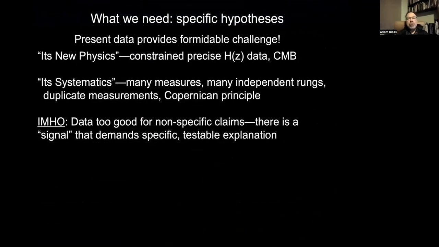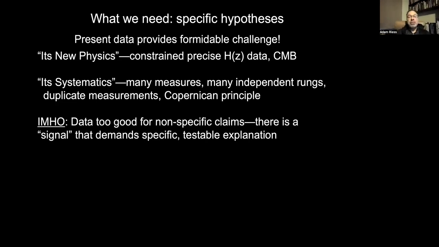So what do we do now? Well, at this point, I think we need some very specific hypotheses because the data has gotten very good, and this is a very challenging problem. So it's easy to say, well, it looks like new physics, but because the data is so good, we need a real detailed explanation of what that is to see whether it would actually pass the data. It's easy to say, well, it just still sounds like systematic errors in measurements.